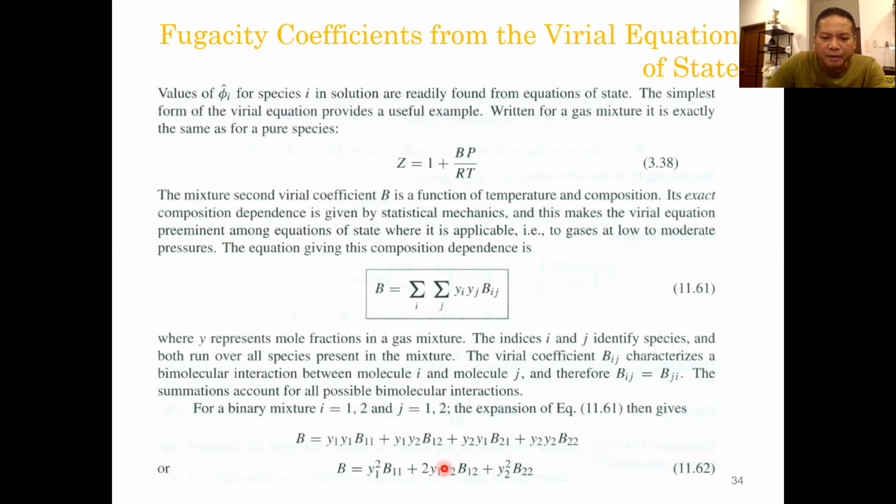That B can be in this form, but we know that B_ij equals B_ji. So the binary expansion for i, 1 and 2, and j, 1 and 2, is given by this. So this is y1 squared, this is this, and these are the same. We got 2, and then that's y1 squared.